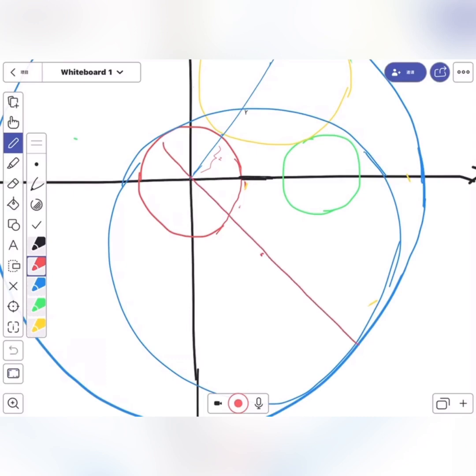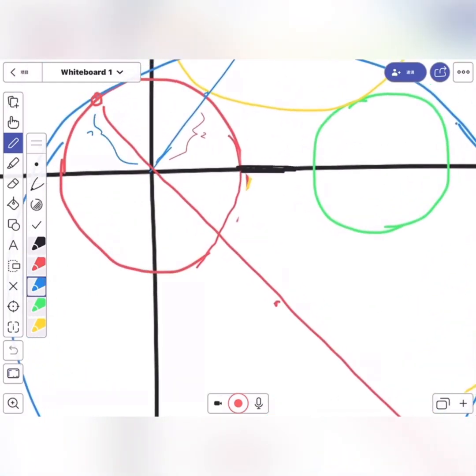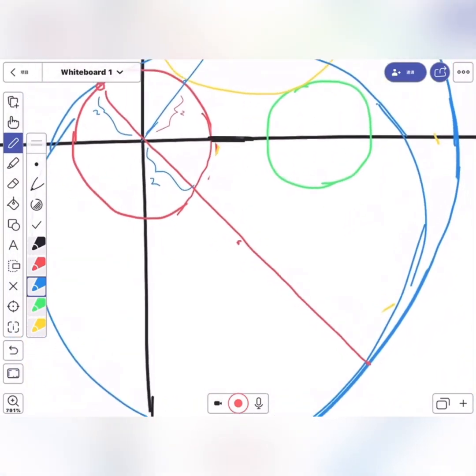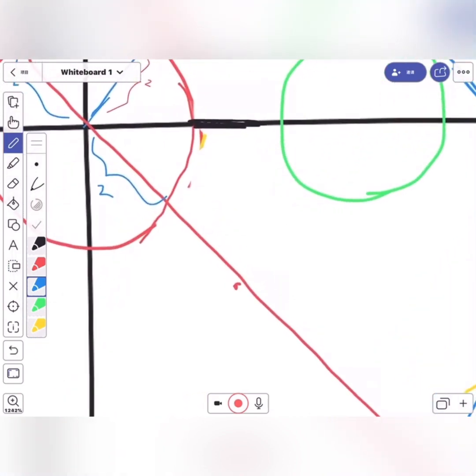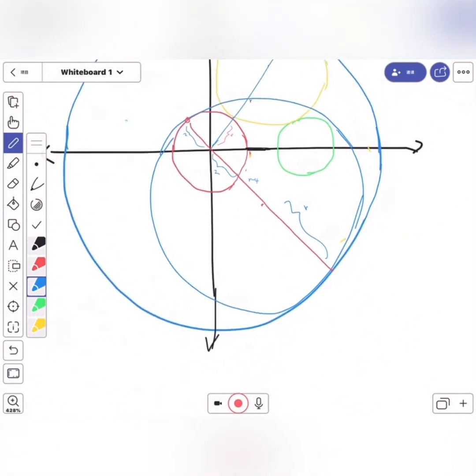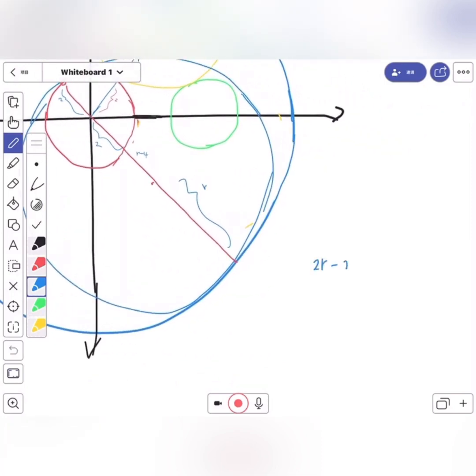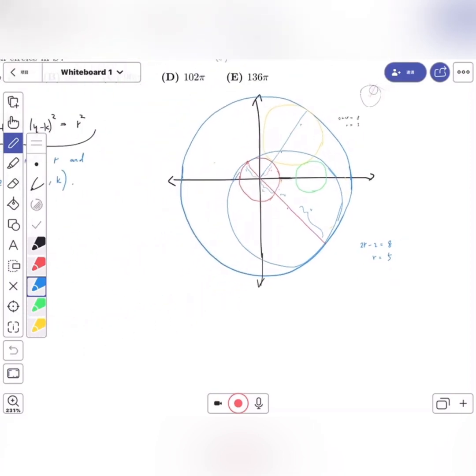Then this is actually a straight line that connects both of these tangency points. So we have this length to be 2, this length to be also 2, and that this length will just be r minus 4, but we know that this length would also be r. So now we have, well, in fact, 2r minus 2 is equal to 8. r is equal to 5. That's the second case. And are we done?